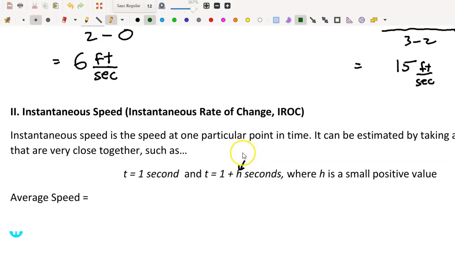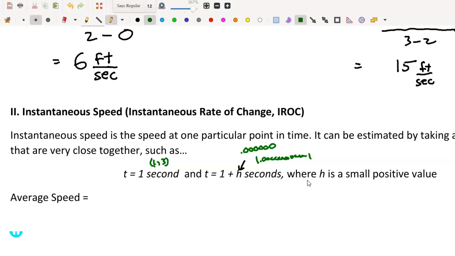Meaning h is like, imagine I pick 1, 3, and then my 1 plus h, the other point we're going to use in our formula, is going to be like 1.0000000, maybe a million zeros and then 1. We still have 2 points, but they're so close to each other that it looks like the same point. But now we can use the slope formula and find how fast something's moving at exactly that point.